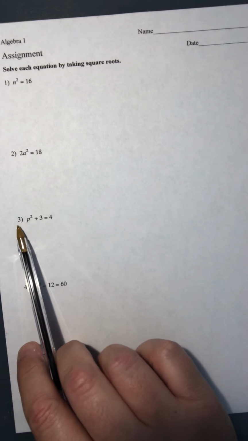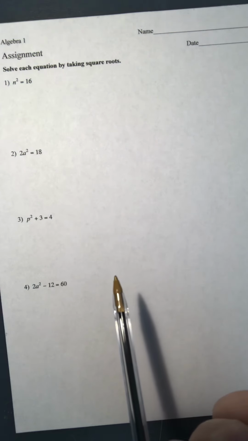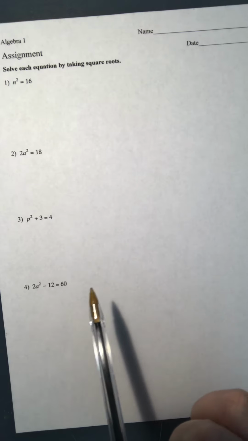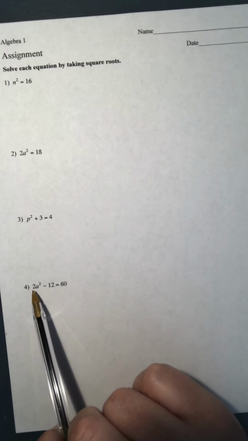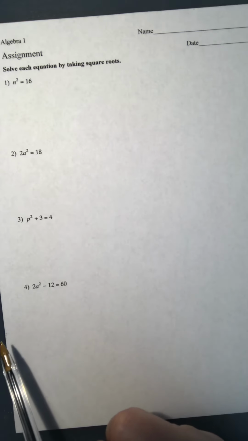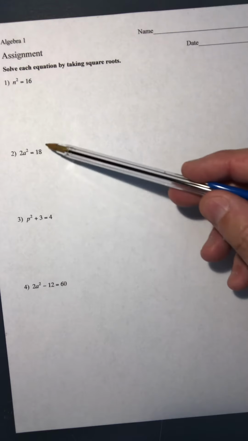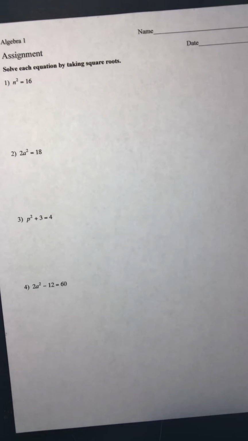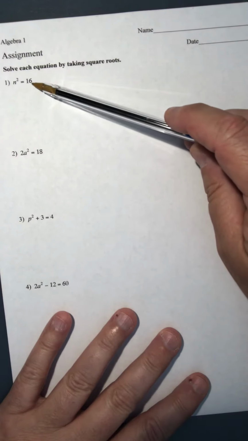On number three, my p squared has a number with it. And then on number four, my a squared has a 2 that's being multiplied by it, and then also a minus 12. So on all of these, we'll have to do some work to get the variable that's being squared by itself. But on number one, we will not.